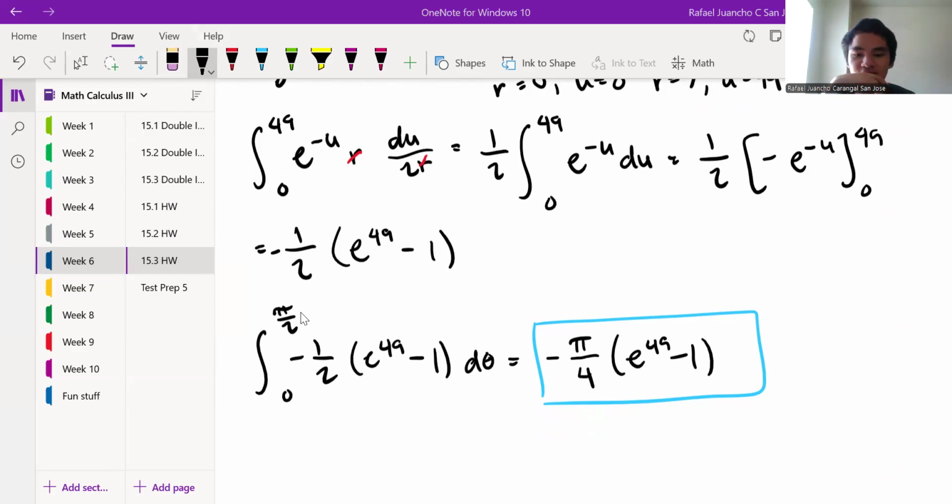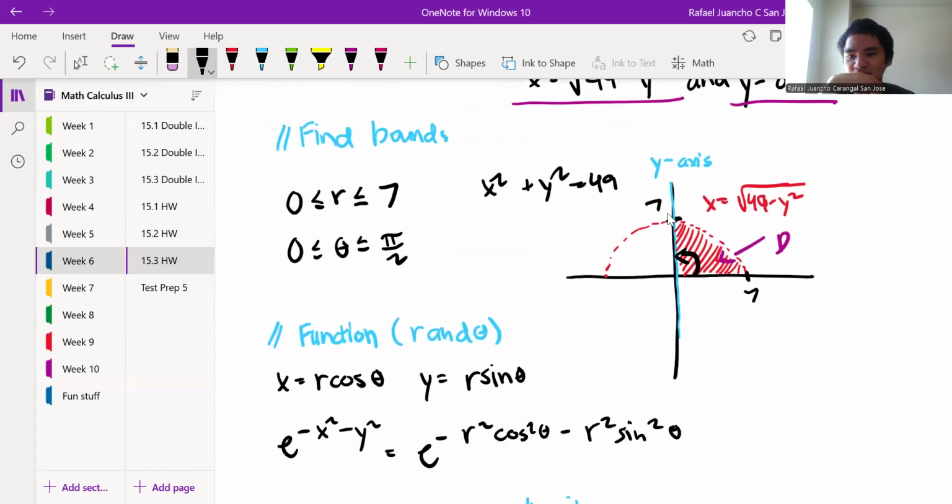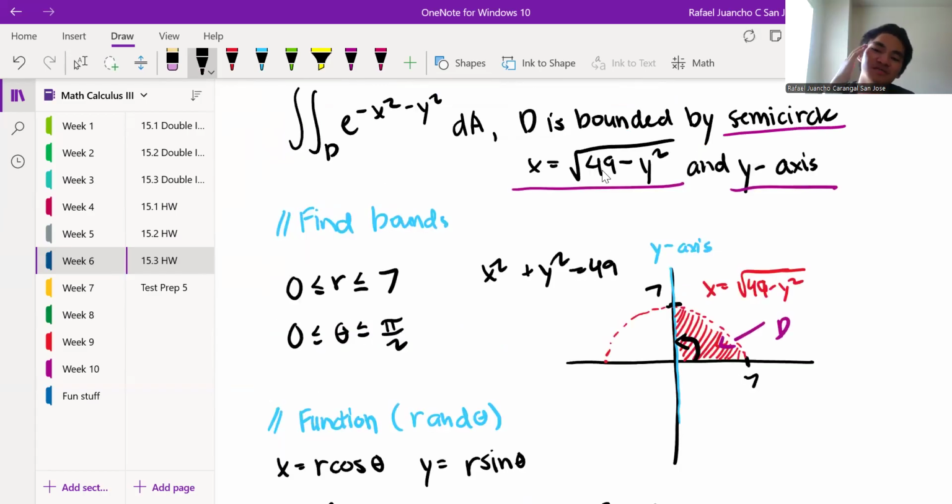Here, on the other hand, wait a minute. Did I draw this thing wrong? From 0 to pi half. What? Uh-oh. Oh, because it's from x. Whoops. My bad. This one's y equals square root of 49. So this one is supposed to be from the y-axis, from here to here.